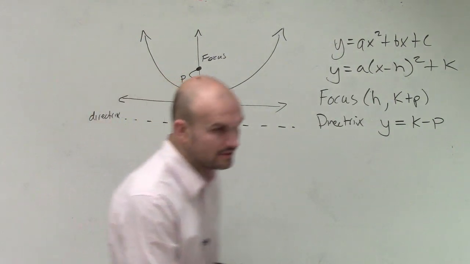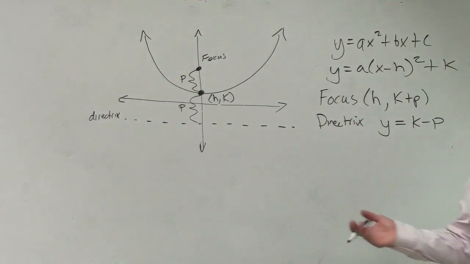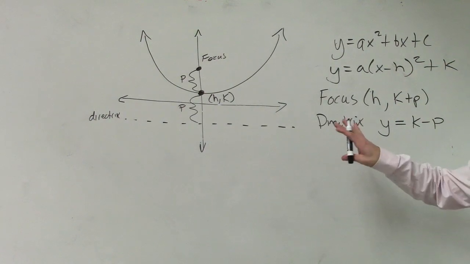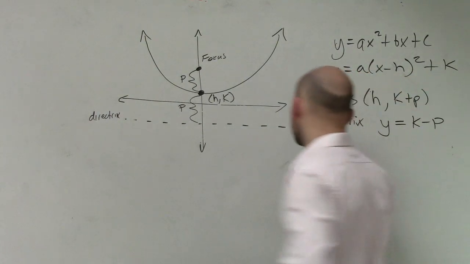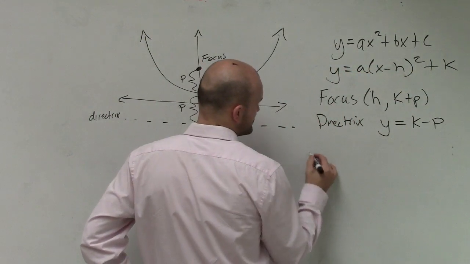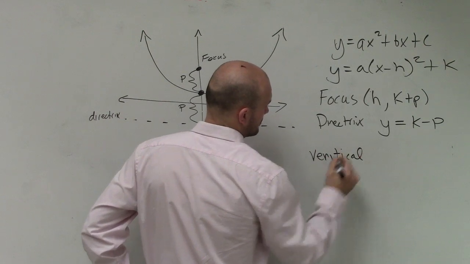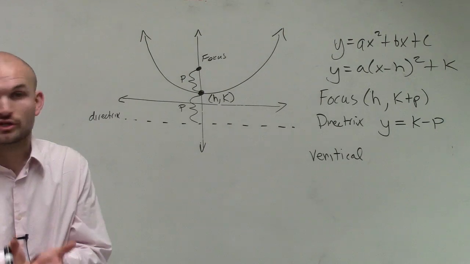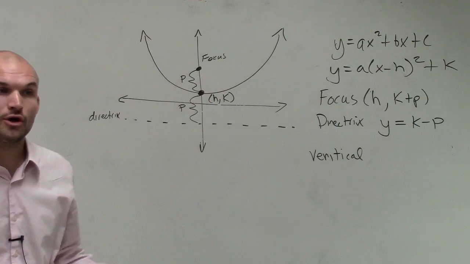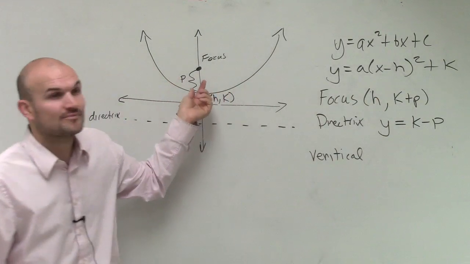All right, now we can draft up a formula for this by dealing with our focus and our vertex. This is for a parabola that's vertical. It either opens up or it opens down, and that depends on your value of p.